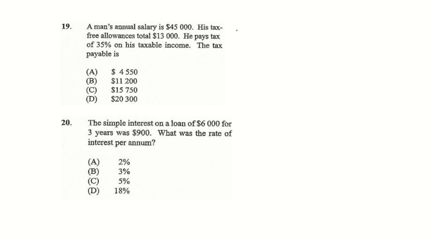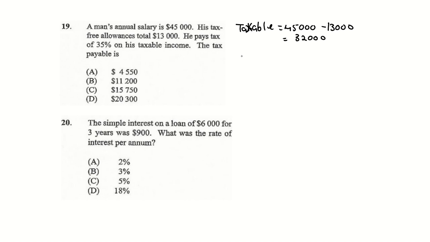His taxable income would be 45,000 minus 13,000, which is 32,000.